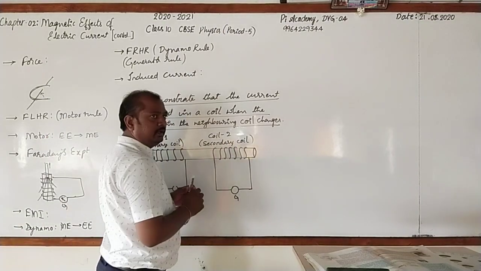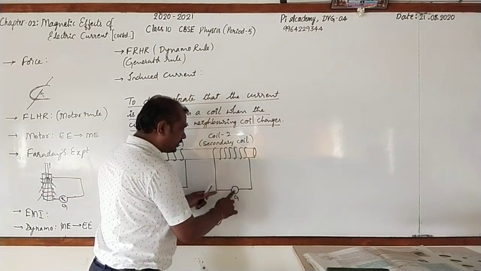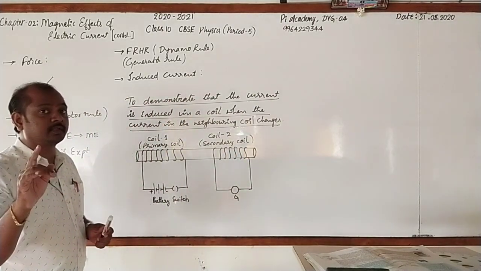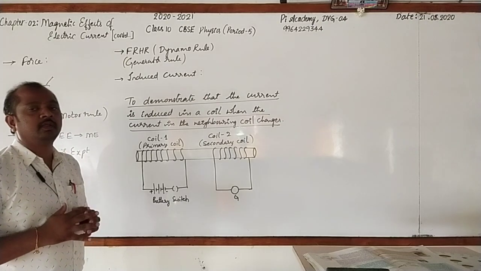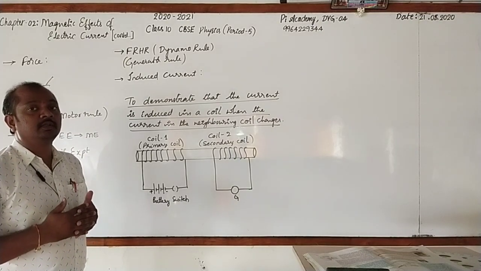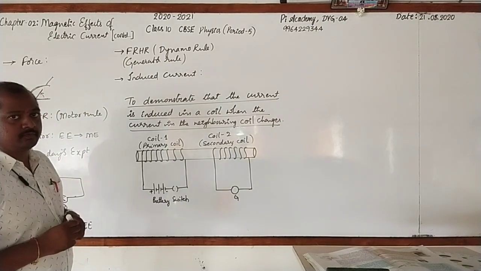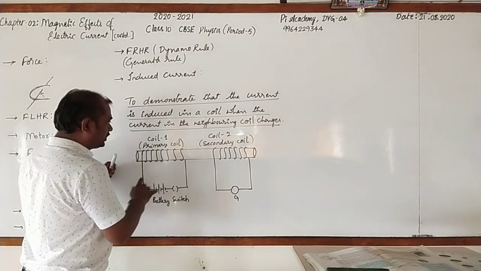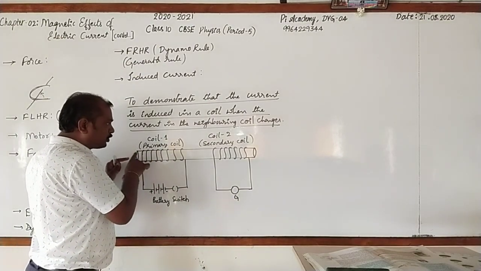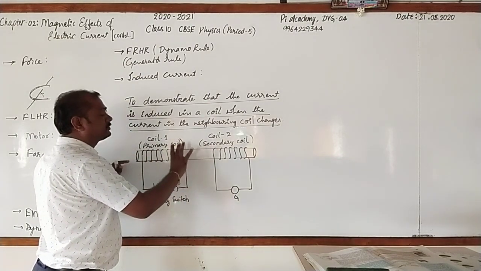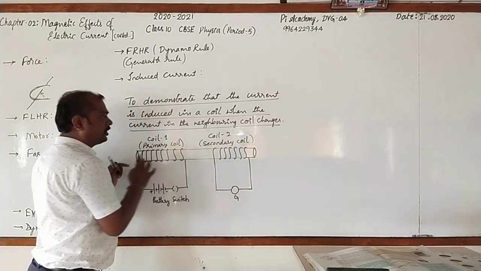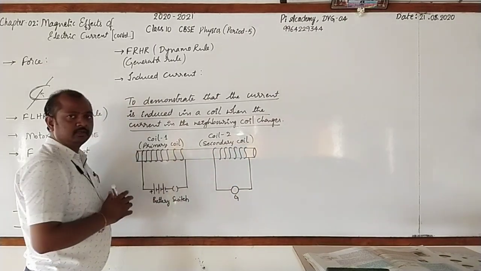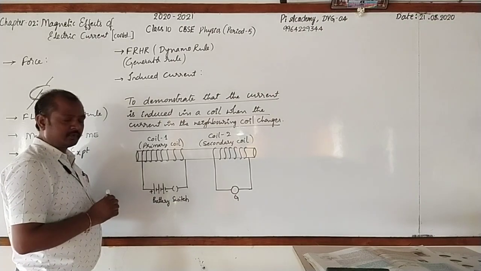Whereas in the second coil, the free ends are connected to the terminals of a galvanometer, which is used for checking whether current is present or not. These two coils are inserted over a cylindrical cardboard.